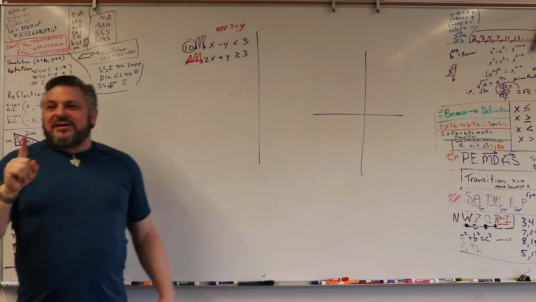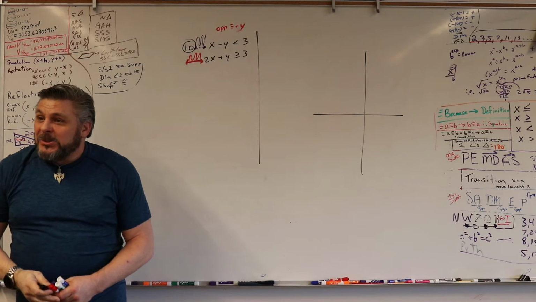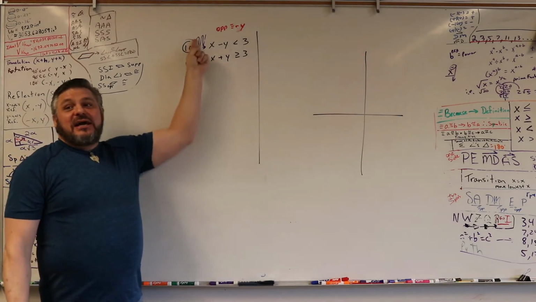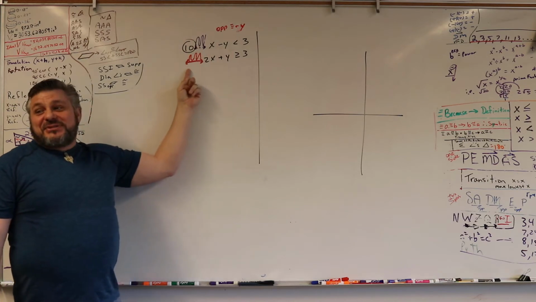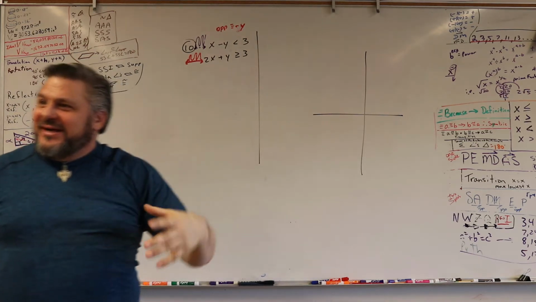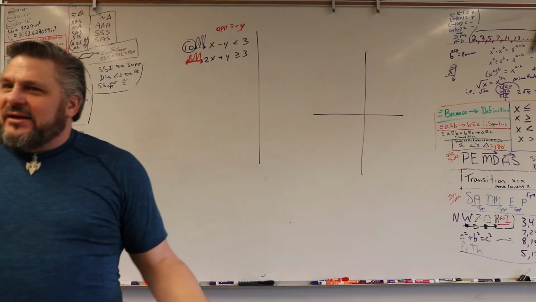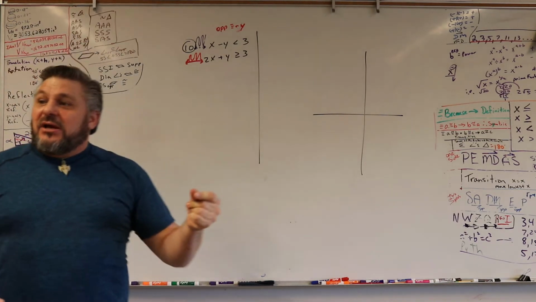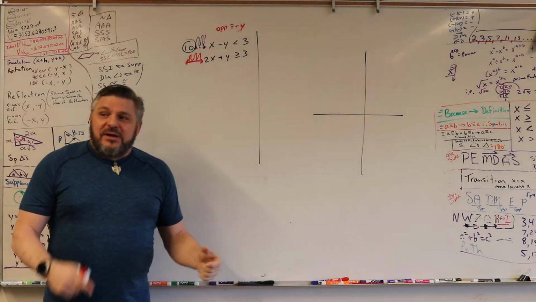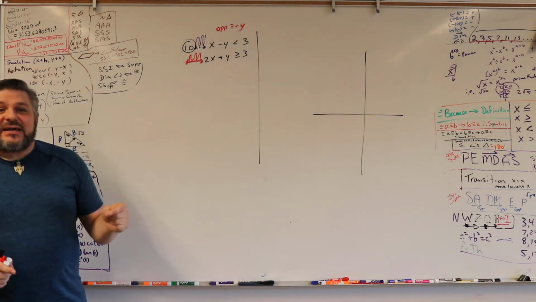Now, get this. If they give you multiple choice, and only one of the multiple choice has them both shading up when this one's dotted and this one's solid, guess which one you choose? The one that followed your rules. You don't even have to do any of the math. And that's how test-taking skills become easy if you understand the problem. It becomes very quick, unlike the ACT or SAT, that is a timed test.